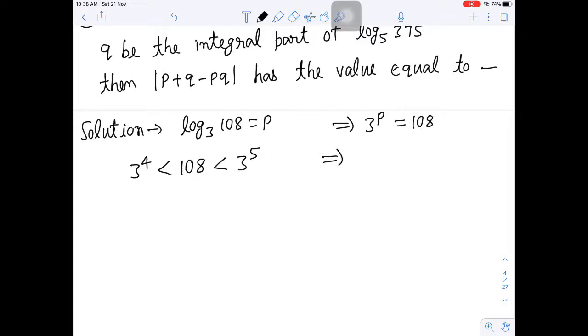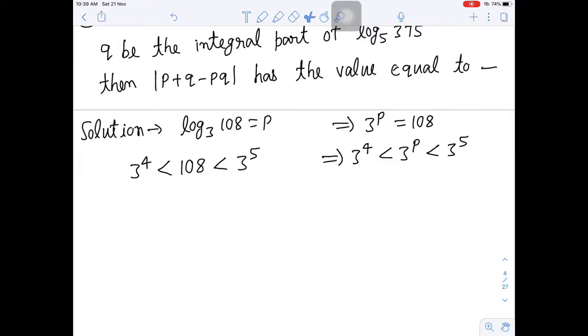Now you can replace 108 by 3 to power p. So you will get 3 to power 4, then 3 to power p, and then 3 to power 5. If you compare, everywhere the base is the same, and this base is greater than 1, because if it were less than 1 then the sign would change when we cancel the base.